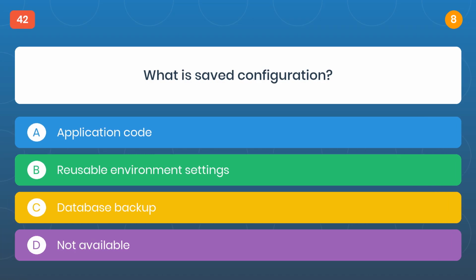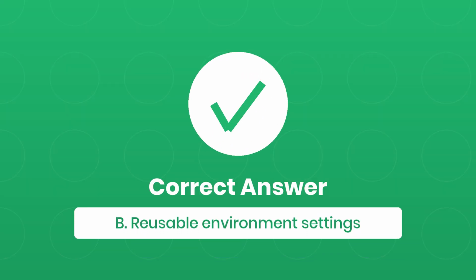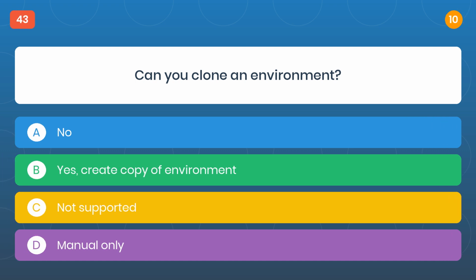Question 42. What is saved configuration? The correct answer is B, reusable environment settings. Question 43. Can you clone an environment?